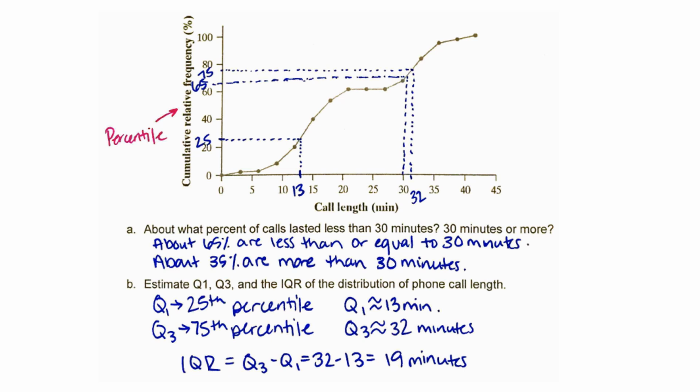As long as you're close to there and you found your own IQR, if it doesn't match mine exactly, you would still get full credit. If you have any questions about this, you can email me or message me, or we can talk about it when I get back.